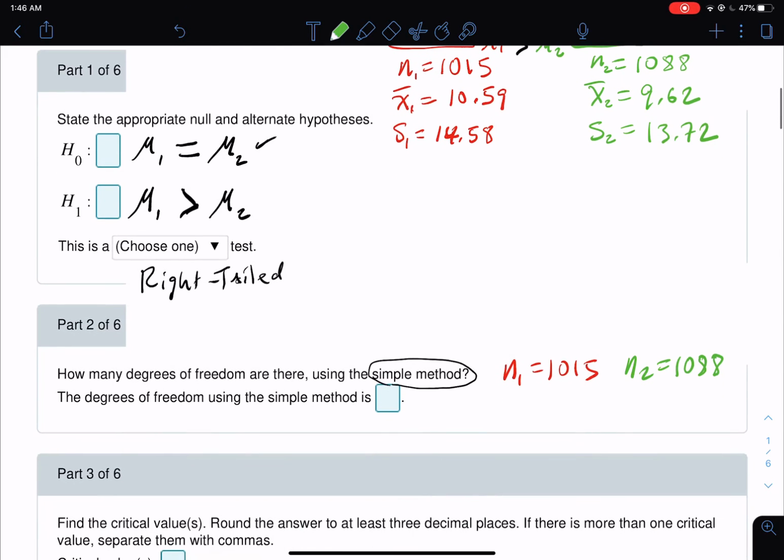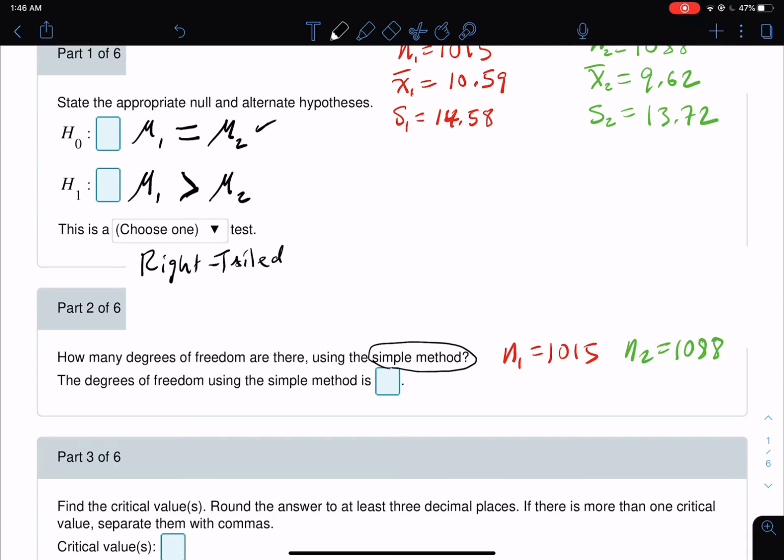So the way that the simple method works is that you look at your smaller sample size, 1015 is the smaller one, and then just do your typical degrees of freedom, 1 less than that. So my degrees of freedom here is going to be 1014, and that's that.